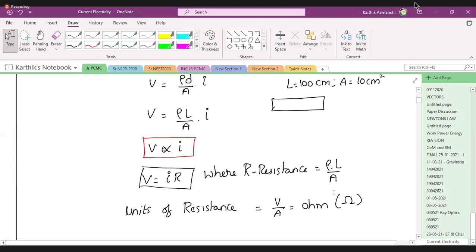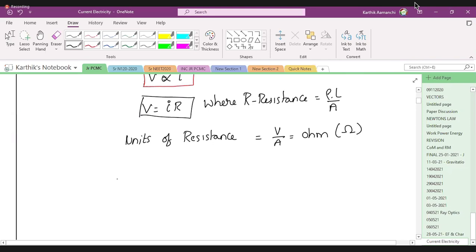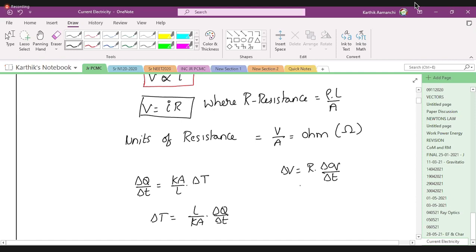If you remember your thermodynamics, we said the rate of heat flow is Ka by L into delta T. So delta T is equal to L by Ka into delta Q by delta T. Similarly delta V is equal to R into delta Q divided by delta T. That's why we said thermal resistance is equal to L by Ka.